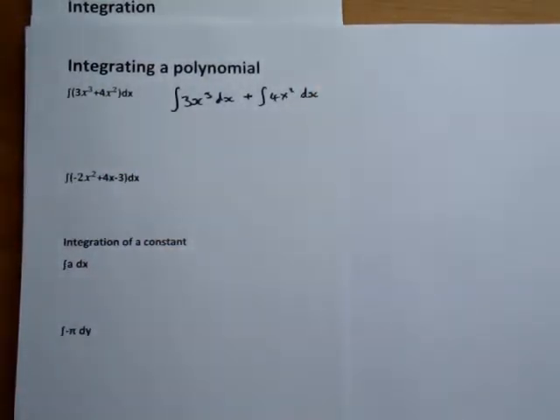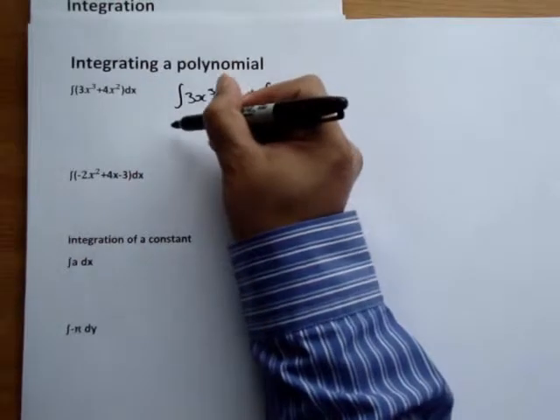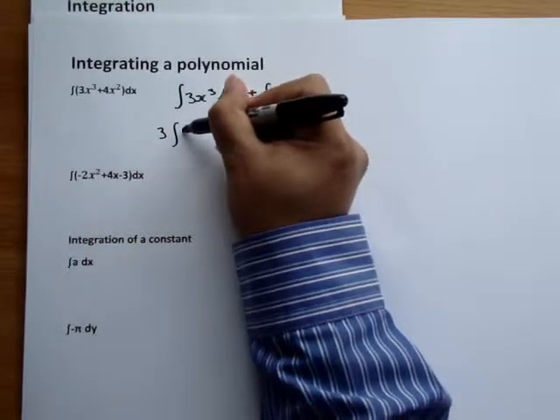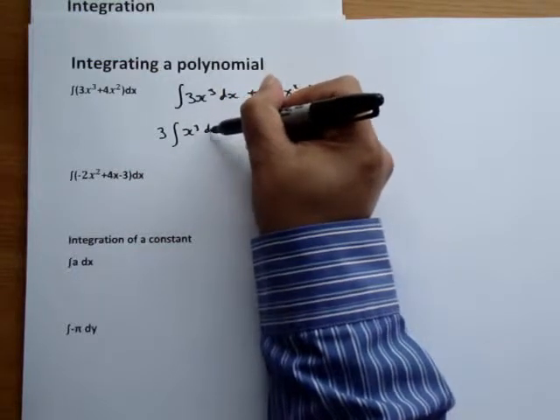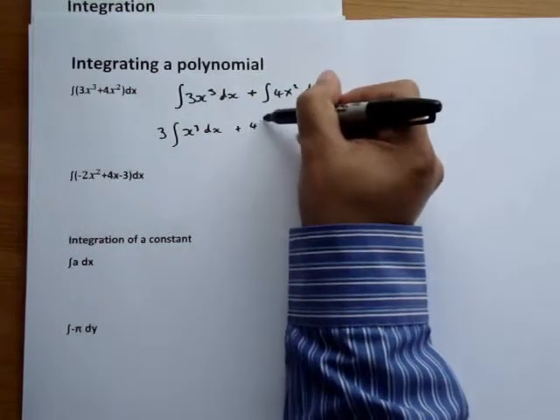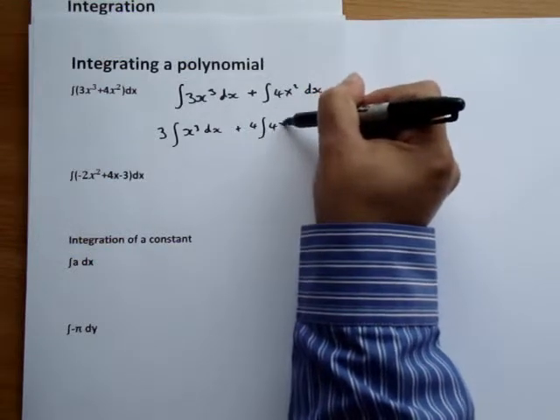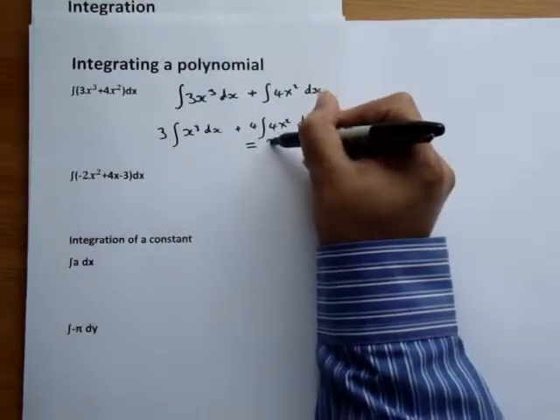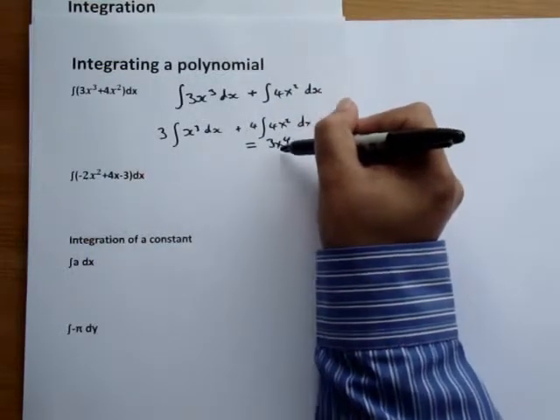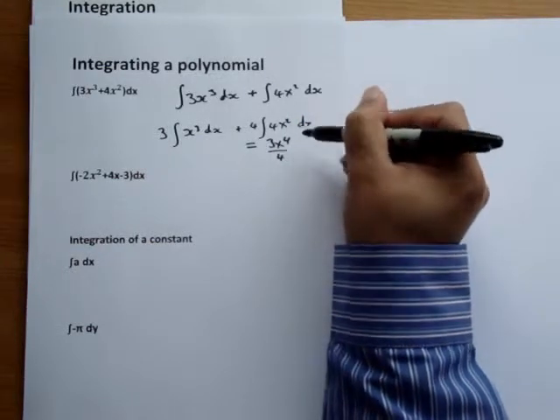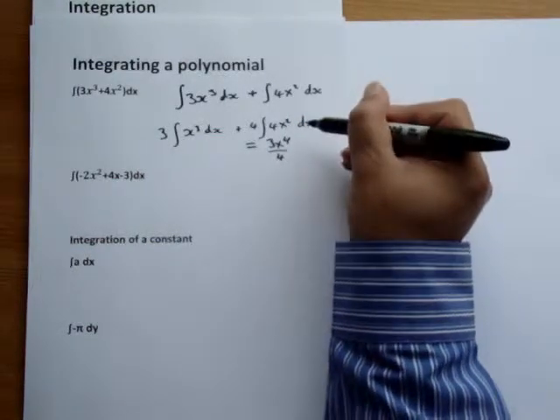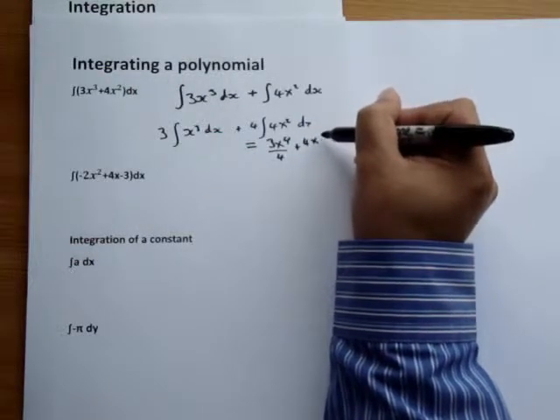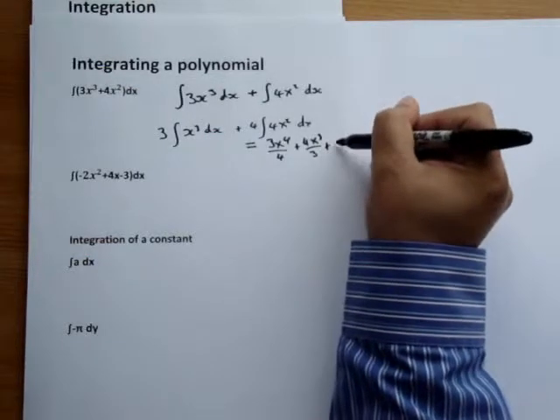When we do that, we take the constant to the outside: 3 times the integral of x cubed dx plus 4 times the integral of x squared dx, and that equals 3x to the power 4 over 4 plus 4x cubed over 3, plus c.